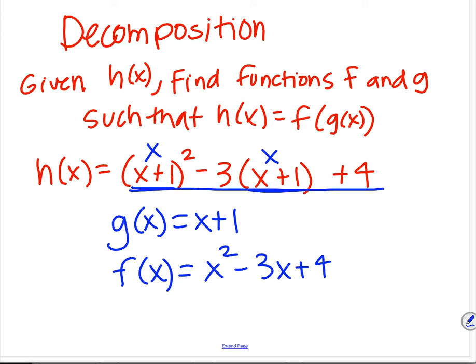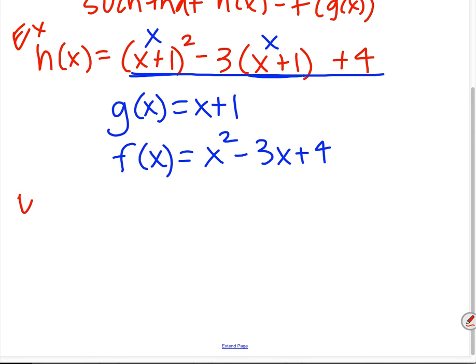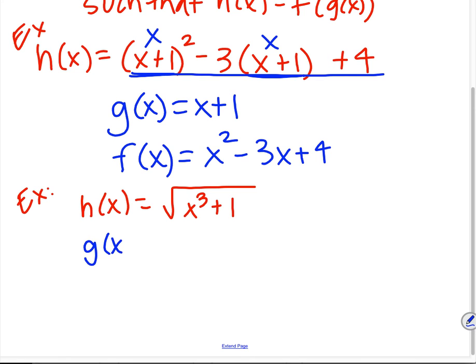There's a couple possibilities for some of these, like they aren't going to be exactly the same. So if that's my first example, here's another example. Let's say h of x, in this case, is the square root of x cubed plus 1. So you could make it up as you want to. If I'm saying this is f of g, g is what got placed inside.